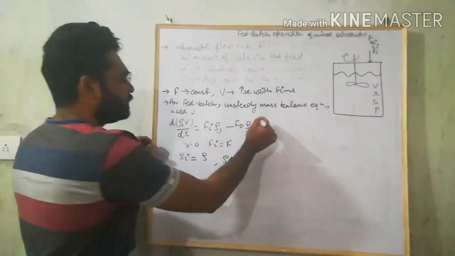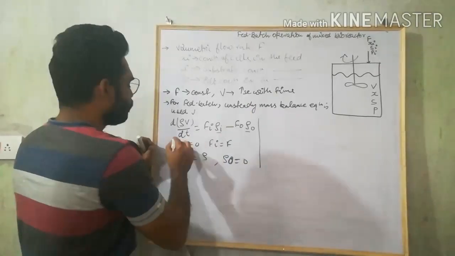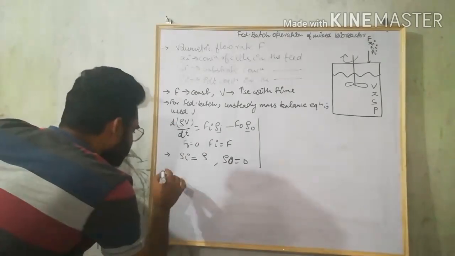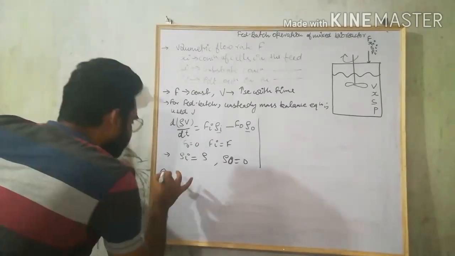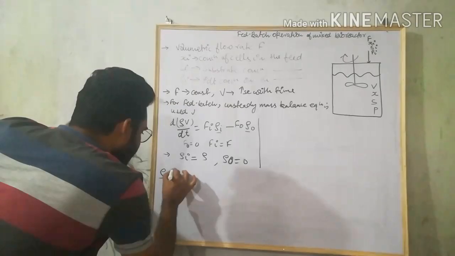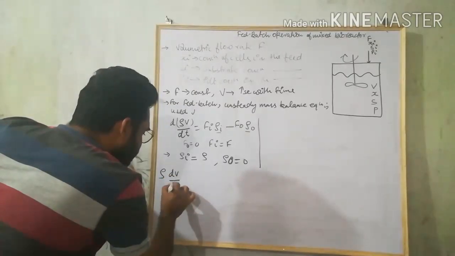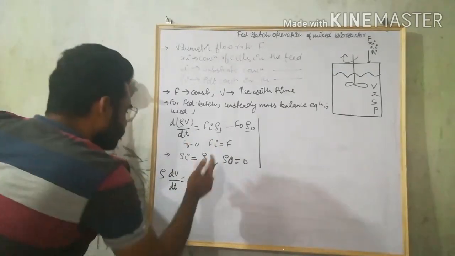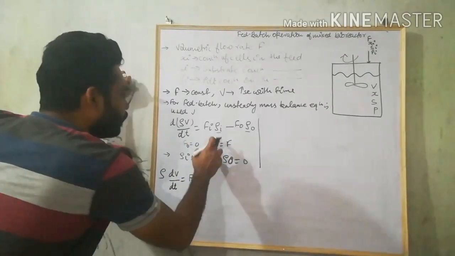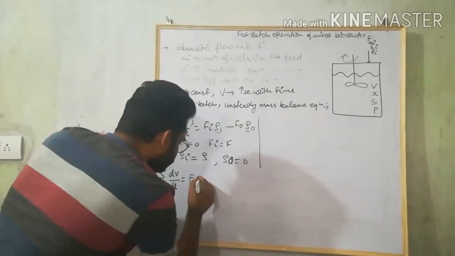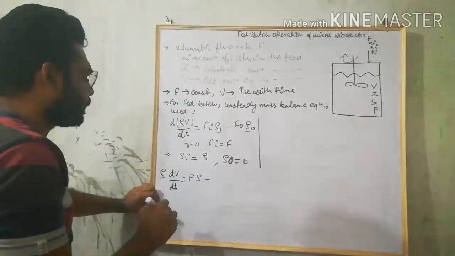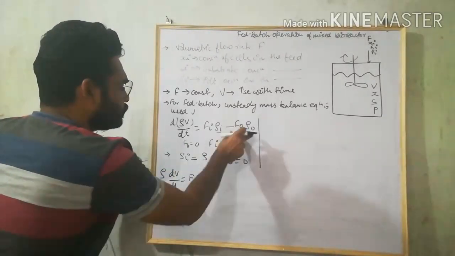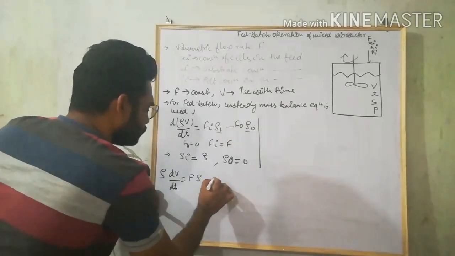If we put all this in this particular equation, let's see. If density is constant, we can take it out of the differential, so we can write it as rho dV by dt equals, Fi is equal to F, rho I is equal to rho, minus rho O is equal to 0, Fo is equal to 0, so this term will be 0, right?